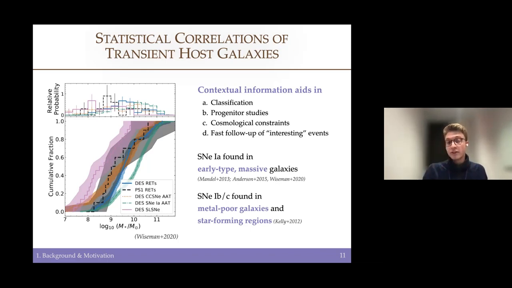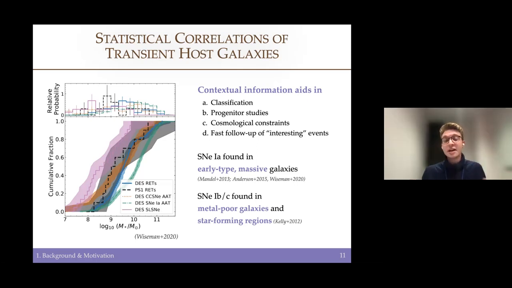So the really extreme cases are on the very left. The pink cumulative fraction corresponds to superluminous supernovae, which are statistically found in smaller, brighter star-forming hosts. And on the opposite side, you have type Ia supernovae that are statistically found in more passive, massive galaxies. These are kind of a proxy for the typical ages of the stars that you might find within those galaxies.